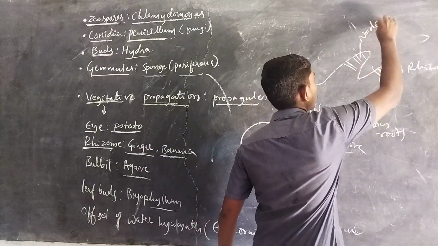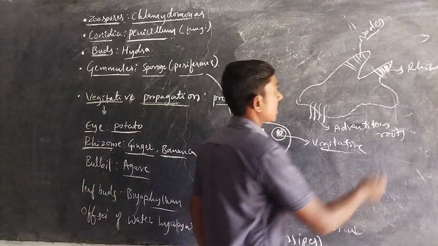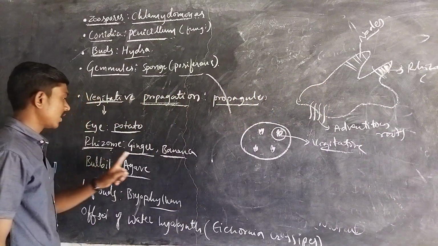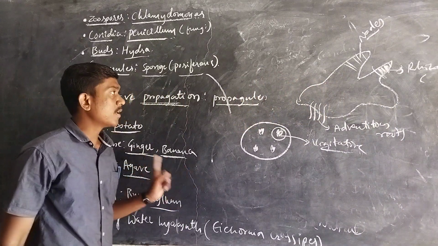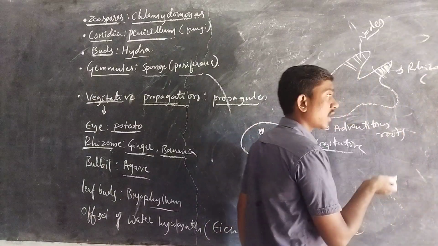These rhizomes are the most important reproductive units in ginger as well as banana. These rhizomes have the ability to grow into new organisms.